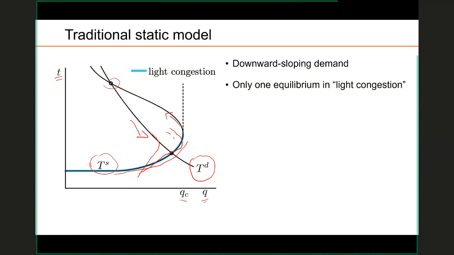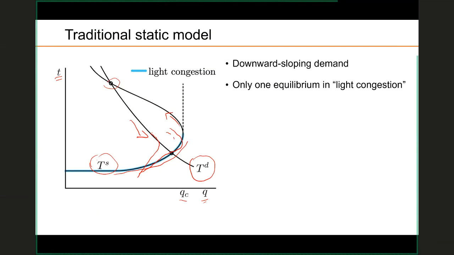So that's a new source of light congestion equilibria in cities, and I think it's relevant because in a lot of the MFD studies, especially for downtowns, we don't see hypercongestion persist for a lot of the day, or sometimes we don't really see hypercongestion.